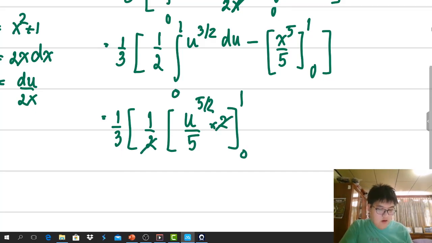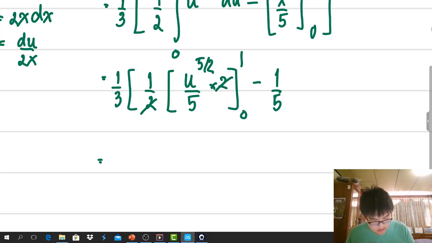This one is a constant, you can cancel out. Minus, this one take x equal to 1. You get 1 over 5 and subtract with x equal to 0, minus 0, you get the same answer. Okay, this one will get 1 over 3 of u.